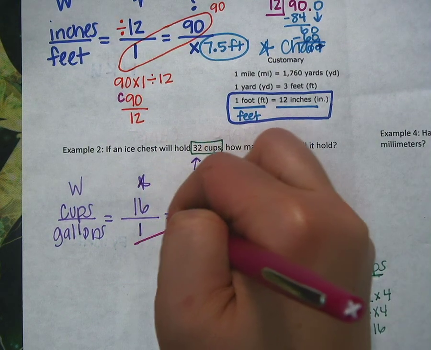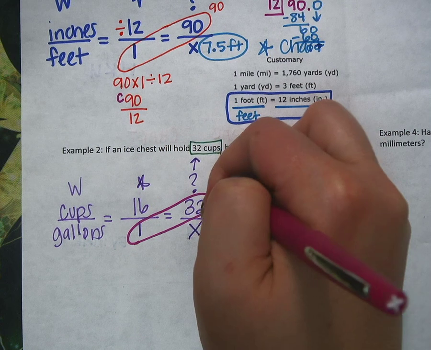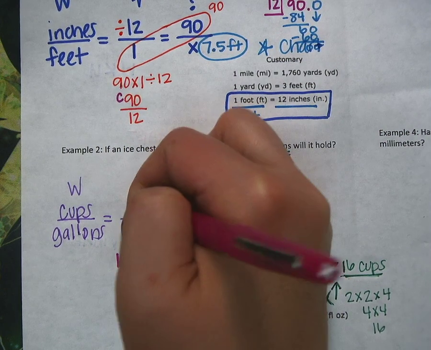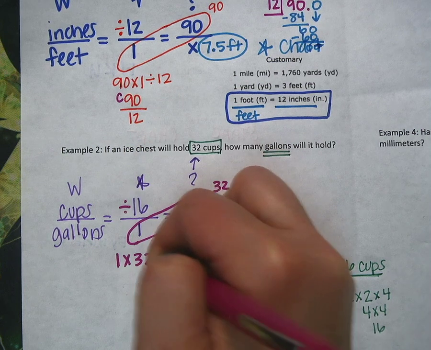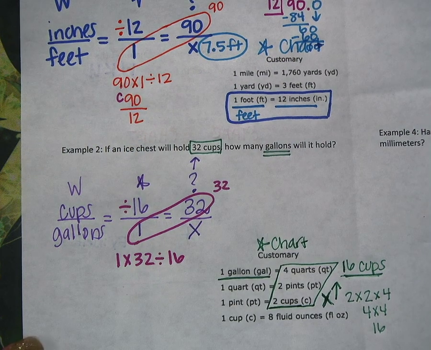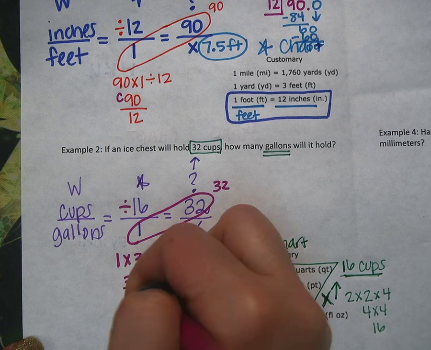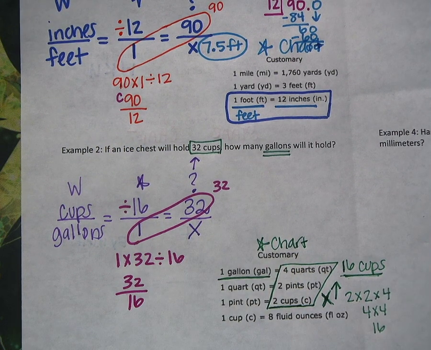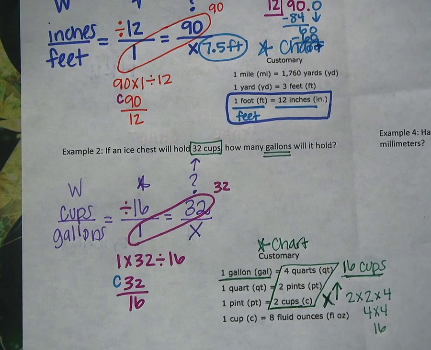So 32 times 1 is 32. And we are going to divide by 16. So we had 32 divided by 16. I don't have any zeros to cross off, but I can, again, label my cowboy.